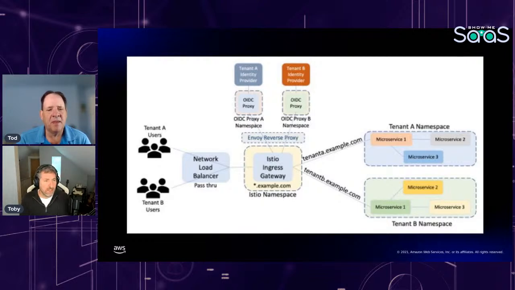So it sends it to the appropriate identity provider. Again, magic happens there. I have no idea exactly the moving pieces there, but it routes it correctly to the right proxy. Of course, then it comes back now that it's been redirected. Now that it's got the token or the cookie, it hits the gateway. The gateway says, "Oh, I see, we're good," and then passes it through to the appropriate namespace.